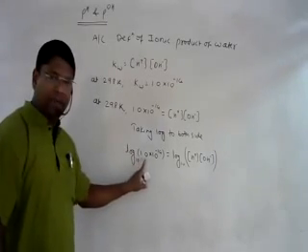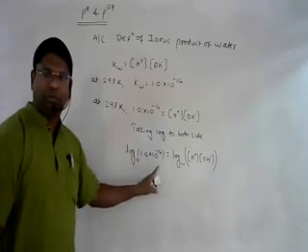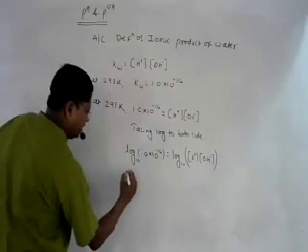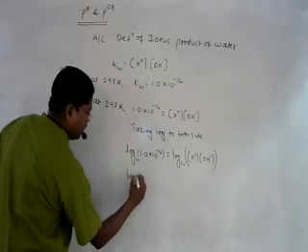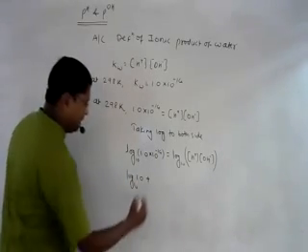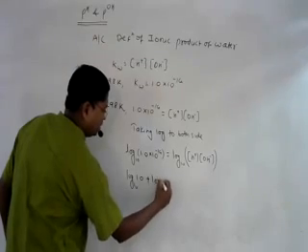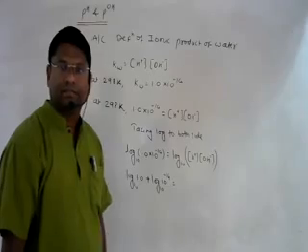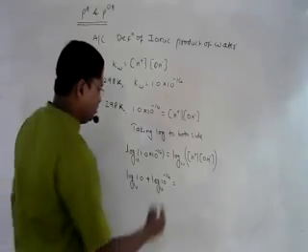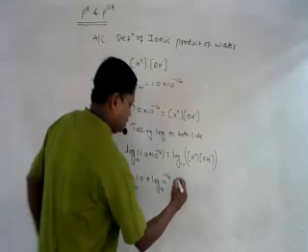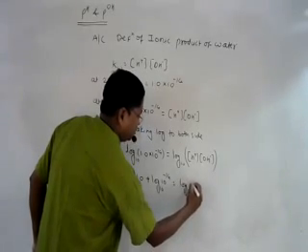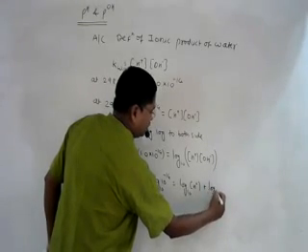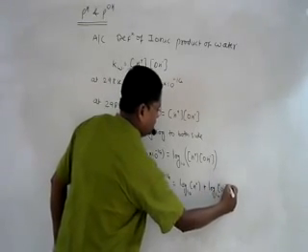This is log A into B, and the answer is log A plus log B. So it will be log 1.0 plus log 10 to the power minus 14, and that is equal to log to the base 10 H positive plus log to the base 10 OH negative.